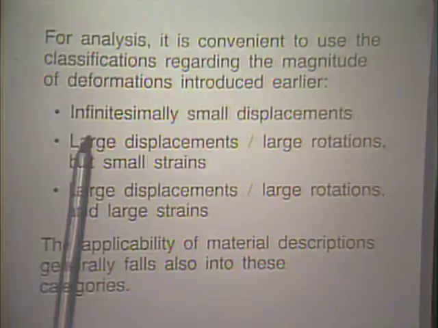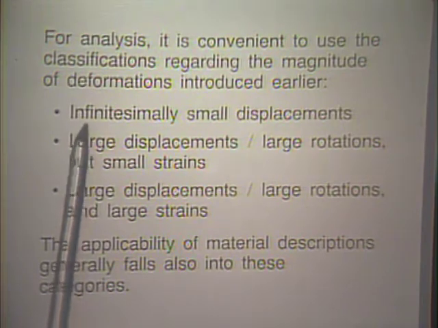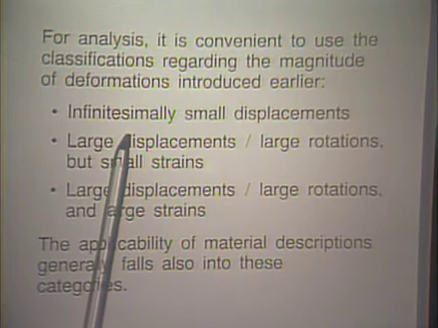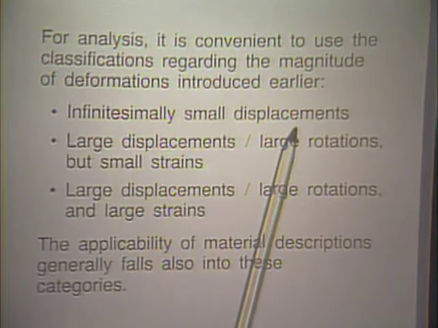We notice that when we do finite element analysis, we have the choice of different kinds of formulations. And we talked about a formulation that takes only into account infinitesimally small displacements, but of course materially nonlinear behavior. We actually call that formulation a materially nonlinear only formulation, an MNO formulation.